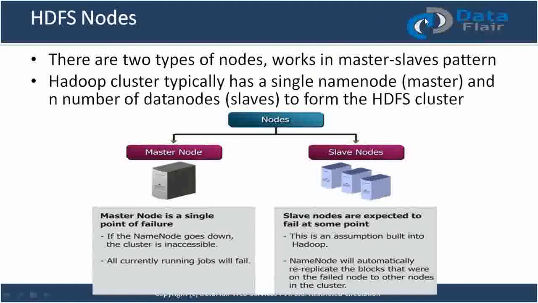Now let's understand HDFS nodes. There are two types of HDFS nodes that work in master and slave fashion. Guys, please note down. NameNode is a daemon that runs on the master. Master is also called the NameNode, but the actual NameNode is just a daemon that is running on the master.